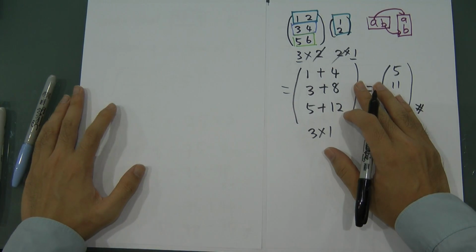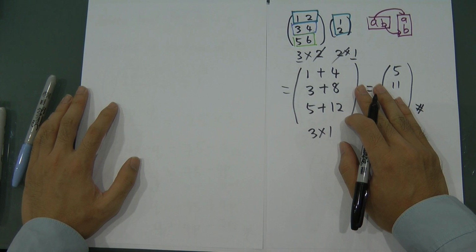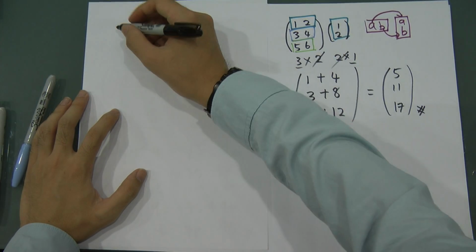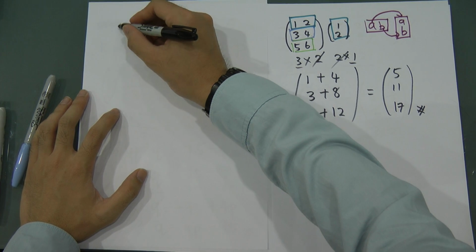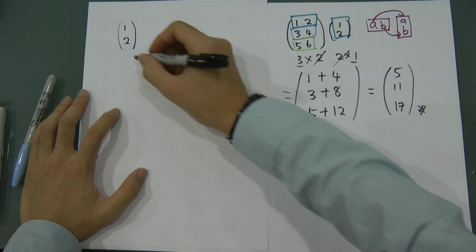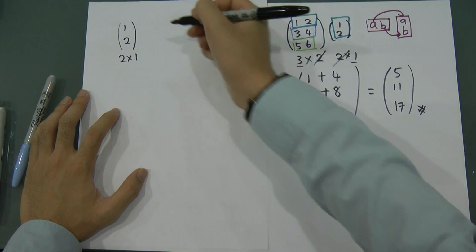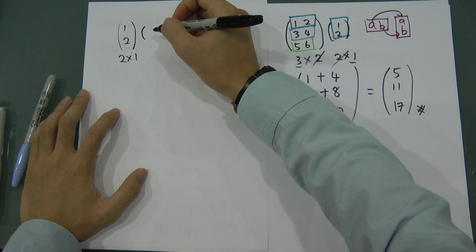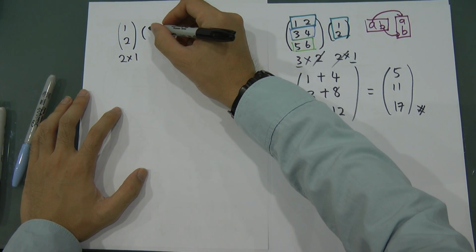Okay, let's see. We do something like this, 1 column. Something 2 multiple 1. Let's say I got 1 and 2. This one we got 2 multiple 1. Then I multiple with 3 and 4.